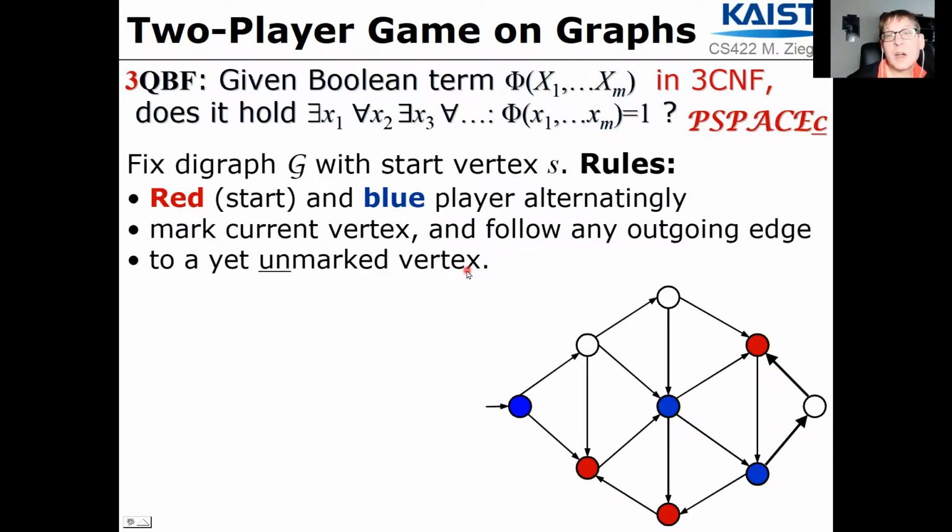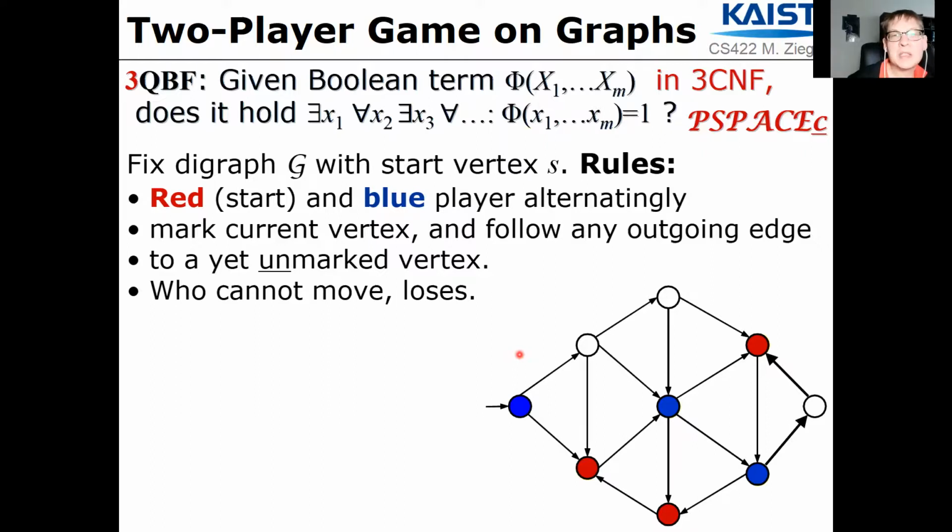Only unmarked vertices are permitted to have a pebble put on, and when a player cannot make such a move that follows an edge to an unmarked vertex, then that player loses and the other player wins. These are the rules of the game.